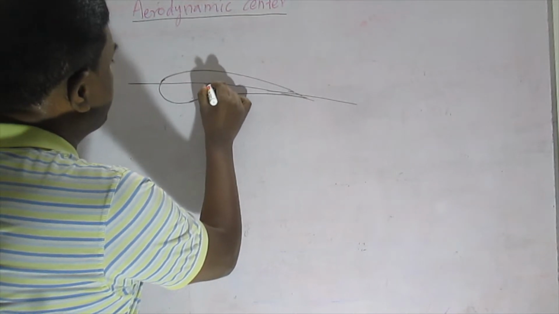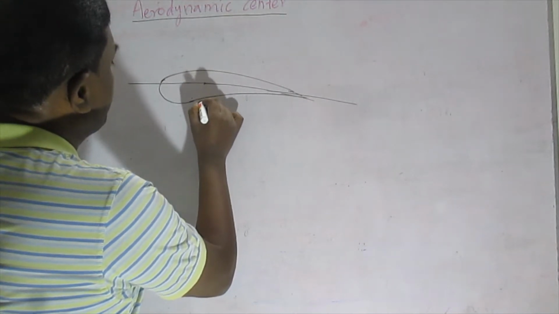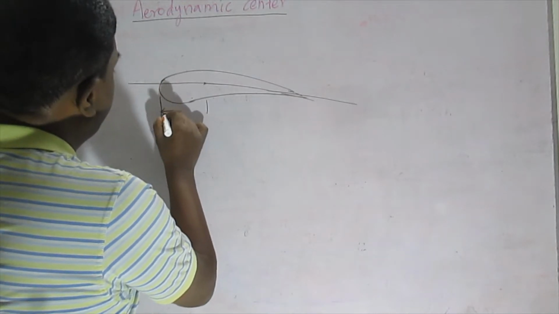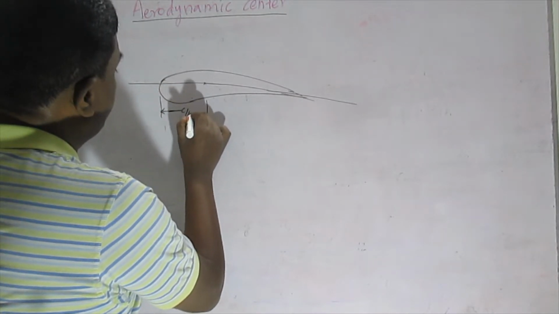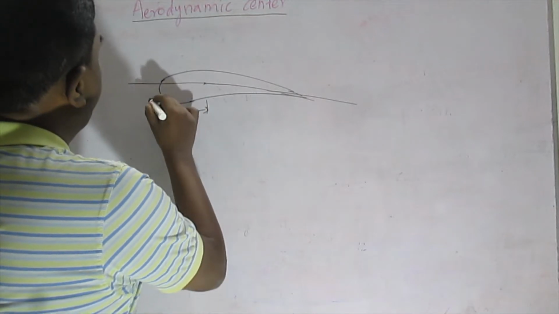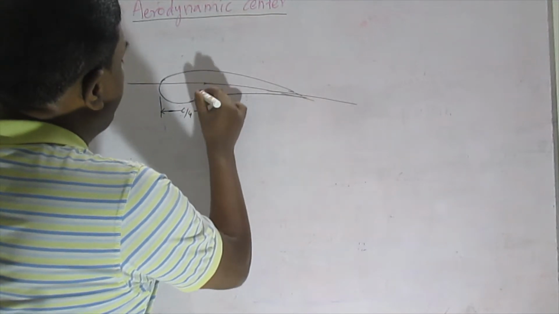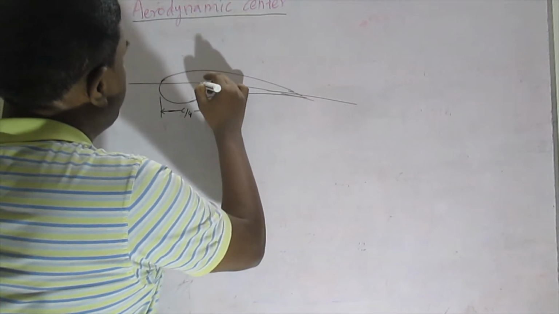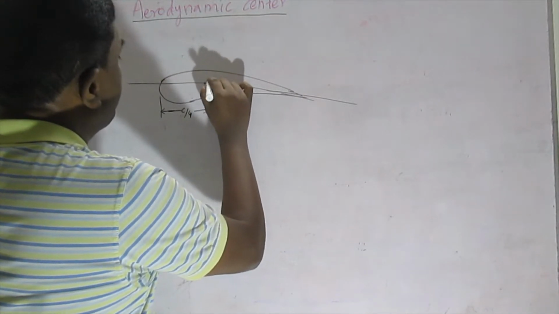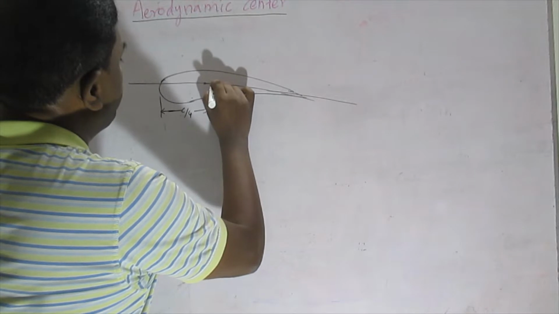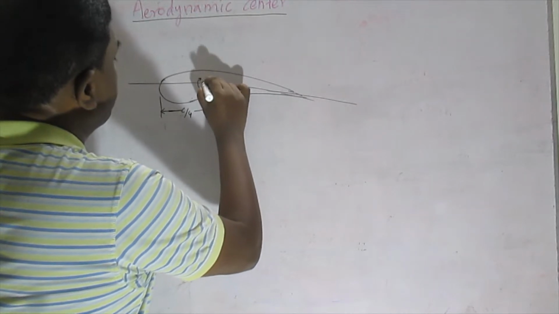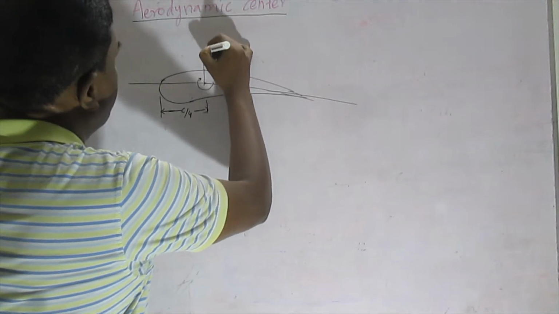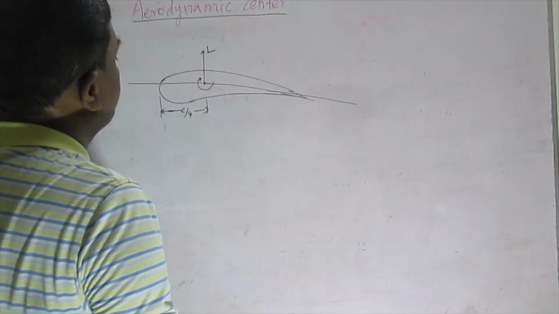Let's say this is our C/4 point, and at this point there is the lift. So let us consider there is a moment. The moment is acting like this, and also the lift force is acting.